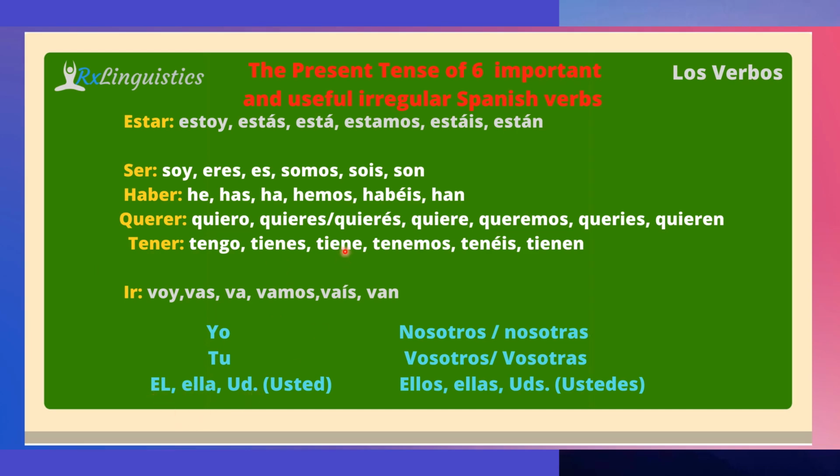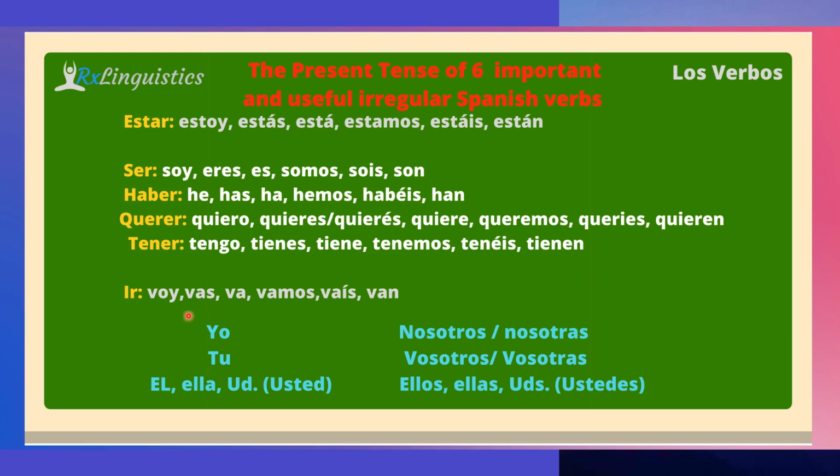Él, ella, usted tiene. Nosotros tenemos. Vosotros tenéis. Ellos, ellas tienen. So it's good to learn them. They are irregular and they are very useful, and you use many of them as auxiliaries to form other compound tenses. The verb ir is very useful.